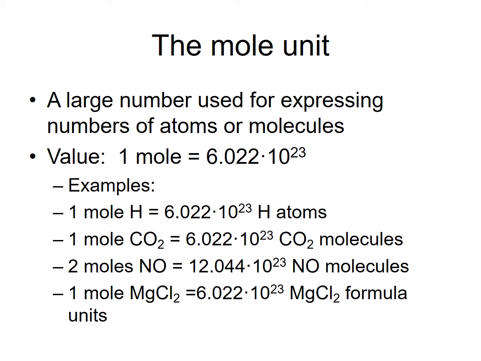One formula unit of magnesium chloride consists of 1 magnesium atom and 2 chlorine atoms. And 1 mole of magnesium chloride is simply 6.022 times 10 to the 23rd magnesium chloride formula units.